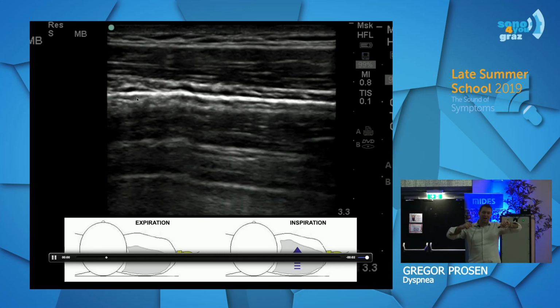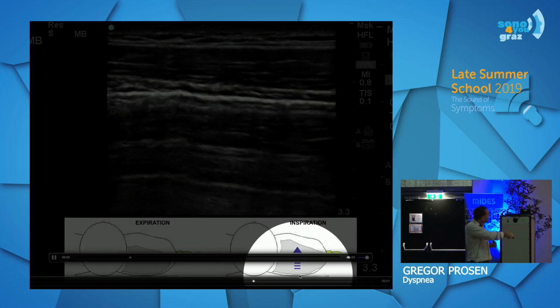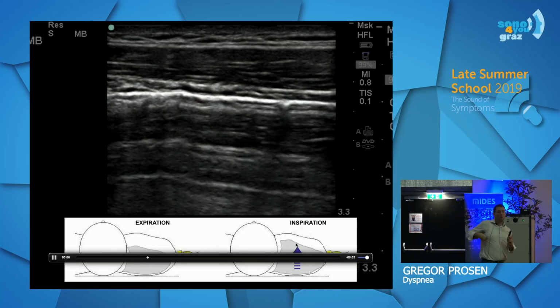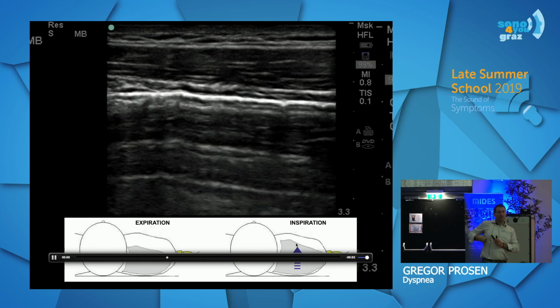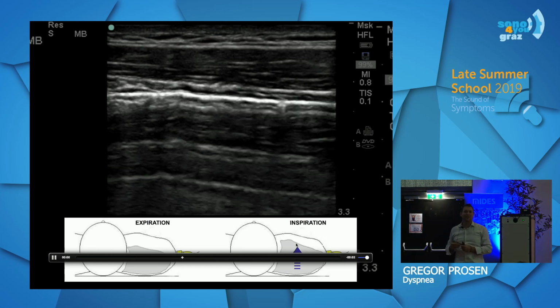If a pneumothorax is so big that the lung is completely collapsed, there is nowhere that the lung will actually touch the wall. Will there be lung point?